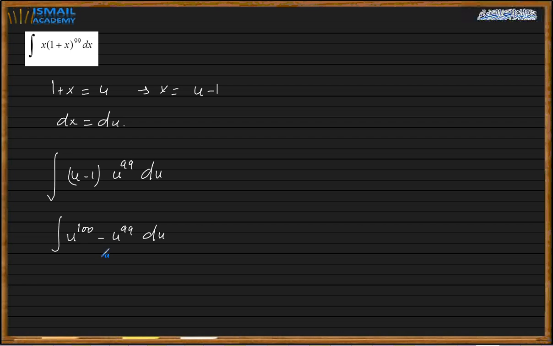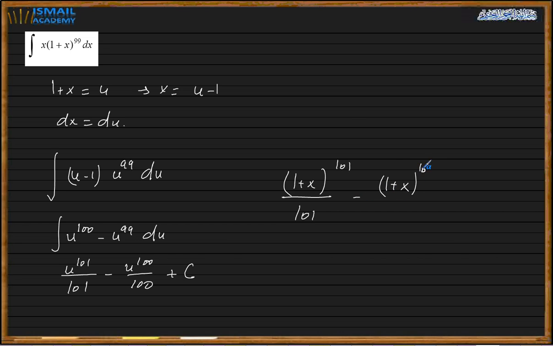I integrate. So it's going to be u to the 101 over 101 minus u to the 100 over 100 plus c. Now I substitute back, and my answer will be 1 plus x to the 101 over 101 minus 1 plus x to the 100 over 100 plus c, and this will be your answer.